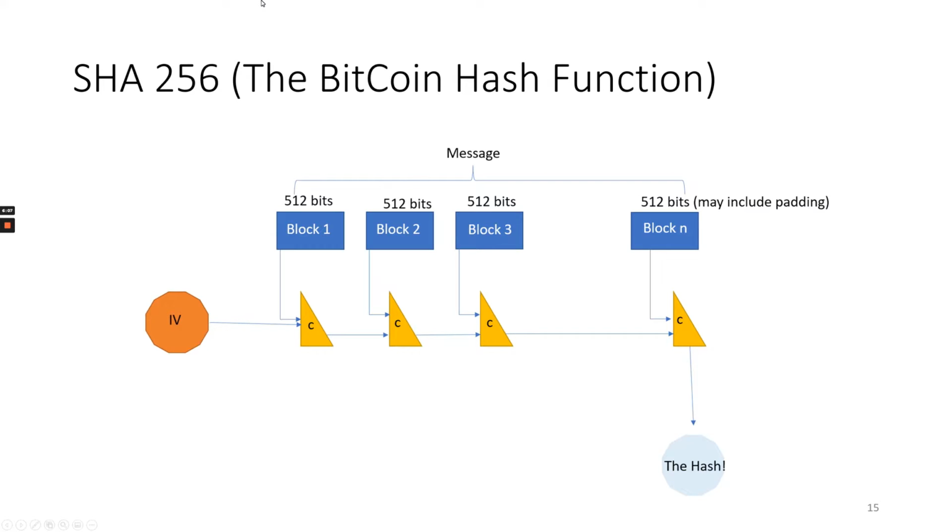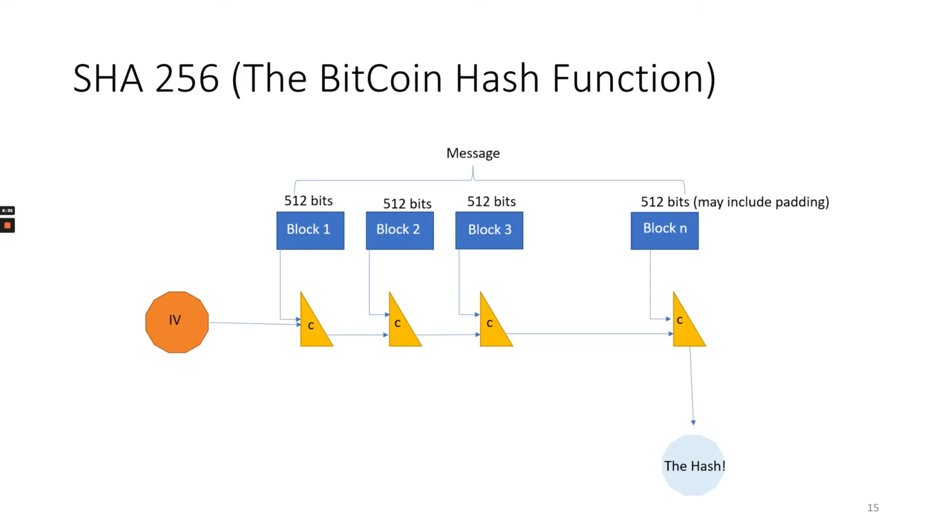Now we'll take a look at the hash function used in Bitcoin, just to give a picture of what these hash functions look like in practice. I'll just give you a rough overview without really going into the details. The way this hash function works is, first, suppose we have a message. The first thing we need to do is split up the message into consecutive blocks, each of which is 512 bits.